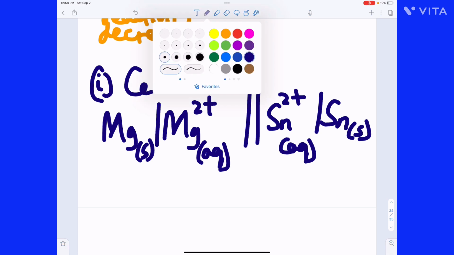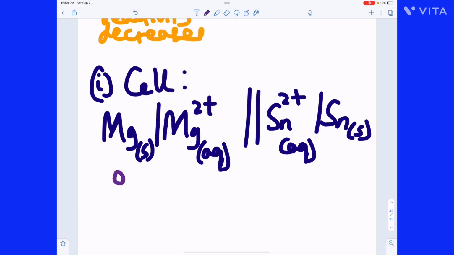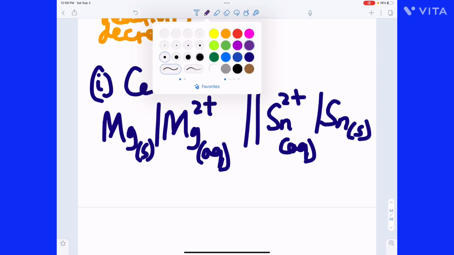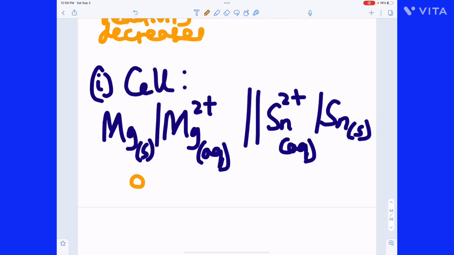This stands as our oxidation half cell, and this stands as our reduction half cell. So we have drawn a representation for the cell.